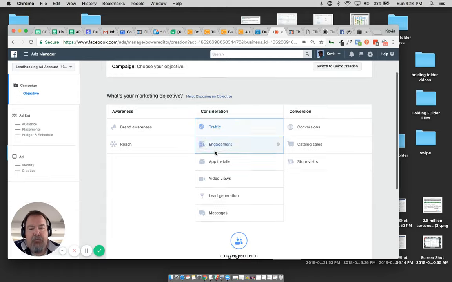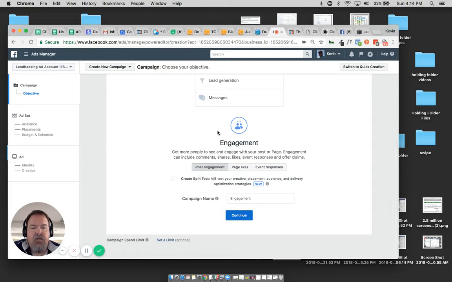The next kind of campaign is engagement. This is for post engagement, page likes, or event responses. I always run post engagement on this, and I usually run these campaigns as a split test, so that I can figure out which image is going to work better in my ads.